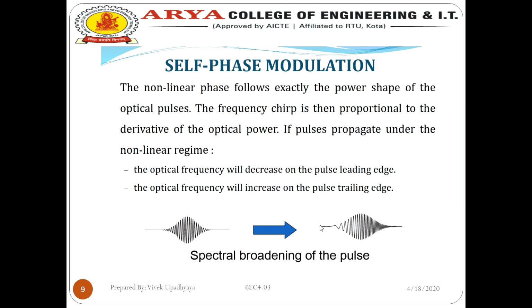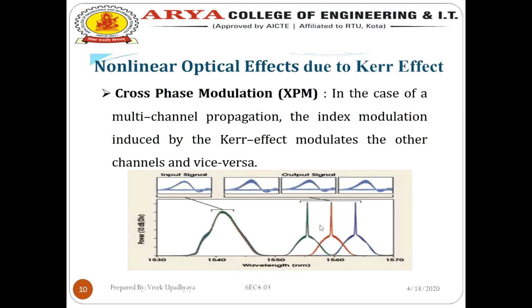This phenomenon combined with the group velocity dispersion occurring within the fiber allows optical pulses to be compressed by employing, for example, a pair of diffraction gratings, in which the longer wavelength light traveling at the front of the pulse follows a longer path length than the shorter wavelength light at the rear of the pulse.